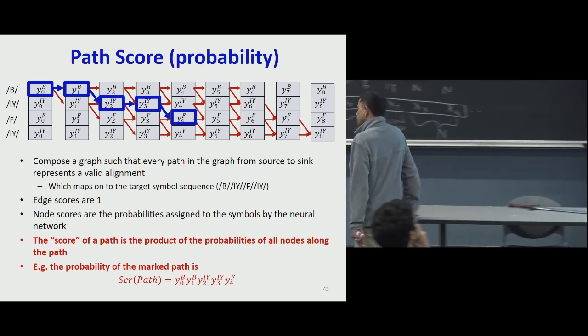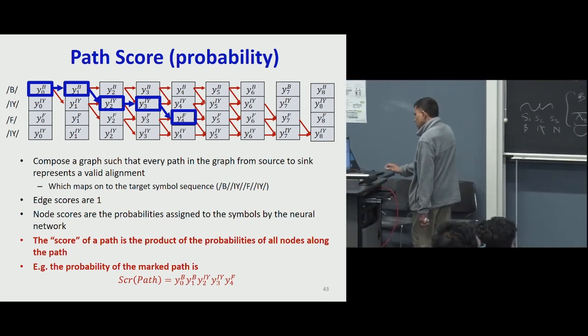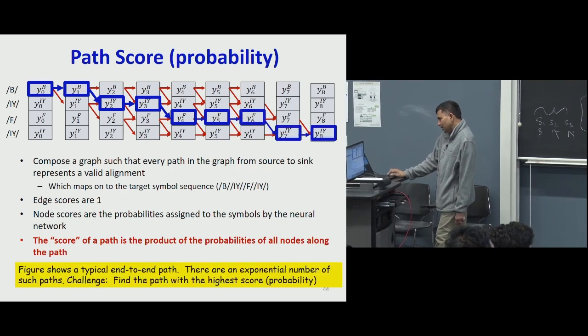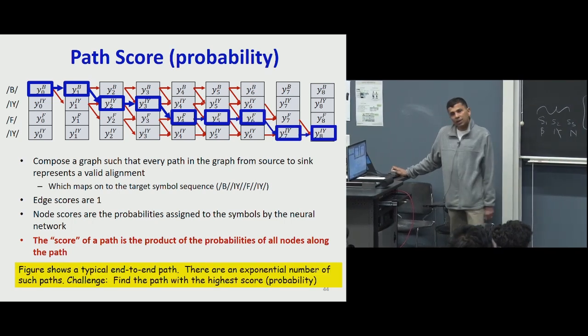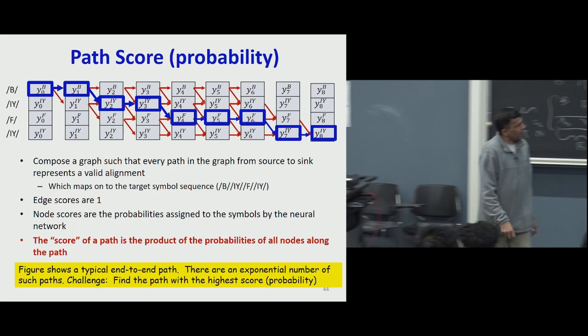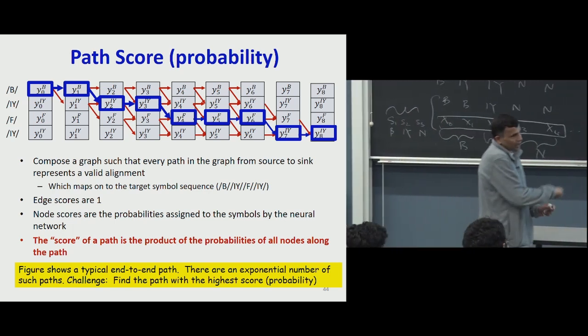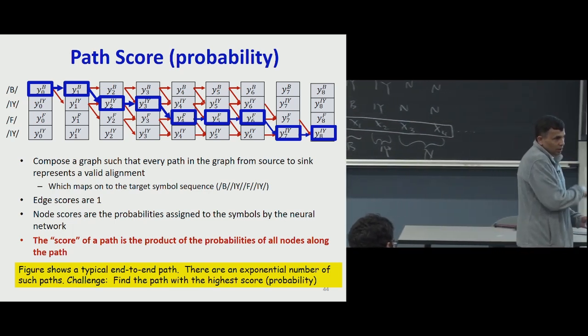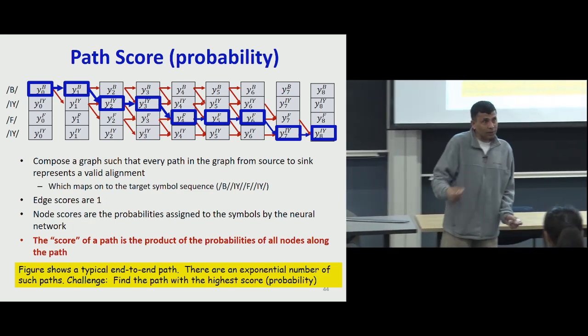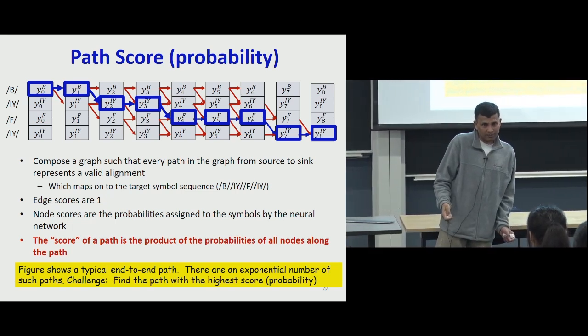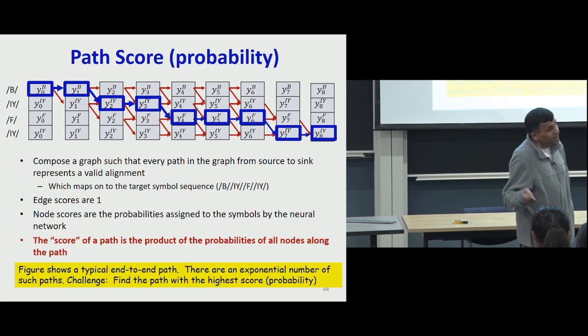Remember that all of these probabilities have already been computed. And so a typical end-to-end path is going to have a complete chain, a path through this graph, and it will have a score, a probability. But then do I want just any path?